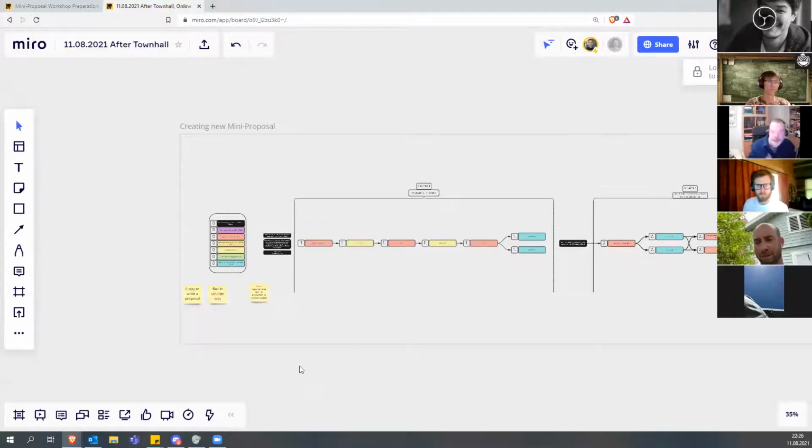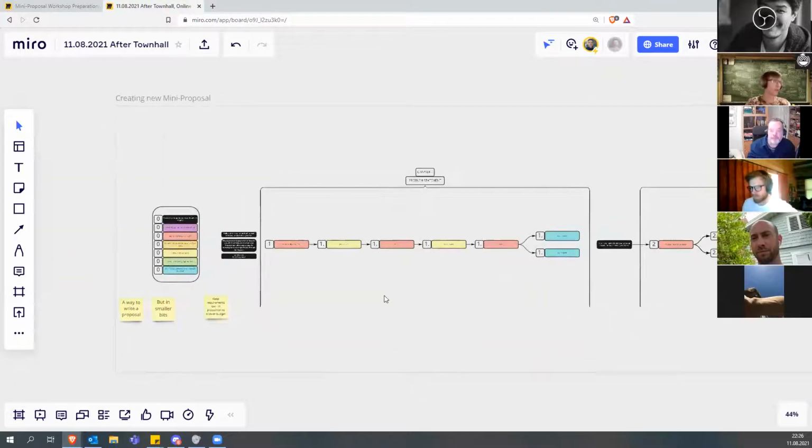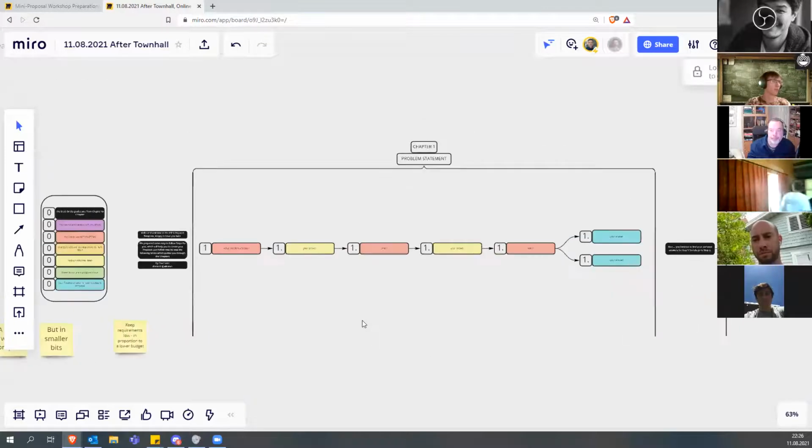Sorry, Tevo. Was part of the idea that a bunch of mini proposals would be added into a larger proposal? Was that something you were talking about at one point? Yeah, that's also a possibility. For example, these mini proposals were created, one was creating a bot for Discord channels. They were actually part of a bigger proposal, which was to fund these mini proposals before IdeaScale.